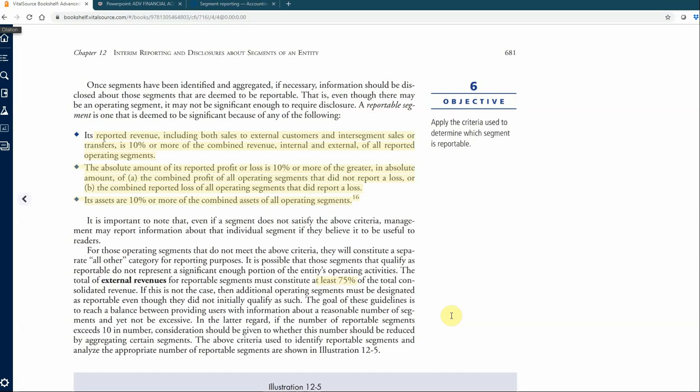If it doesn't, say we add up our reportable segments and it adds up to 65% of the total, and then we have a bunch of tiny segments that are 1% here, 2% here, what we would do is take those smaller segments and aggregate them, basically redefine them as their own segment. Maybe we add four different segments together to get that extra 10%. And so then we can get up to at least the 75% threshold of the consolidated revenue.